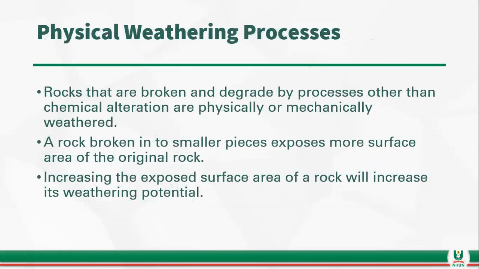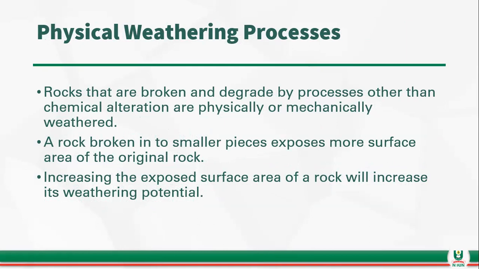Now, we also have what we call physical weathering. We have two basic types of weathering: the chemical and the physical weathering. I've just finished explaining the chemical weathering. Now let's talk briefly about physical weathering.